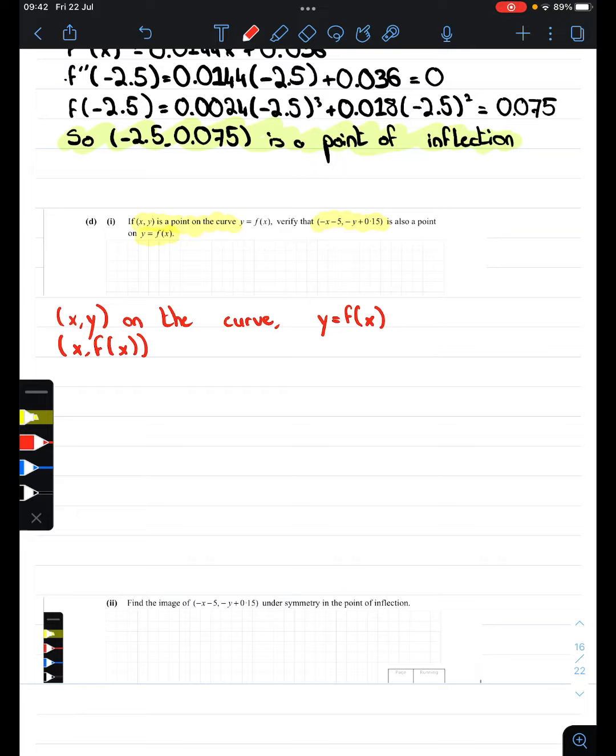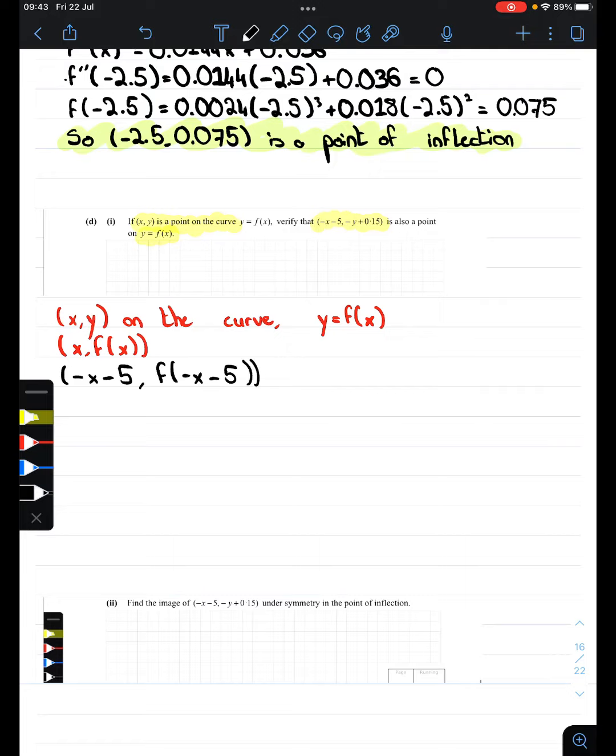Okay, so we want to see, is (-x-5, -y+0.15) on the curve? Well, if it was on the curve, then it would look like this. If -x-5 was on the curve, then -y+0.15 would be f of the x coordinate, which in this case is -x-5.